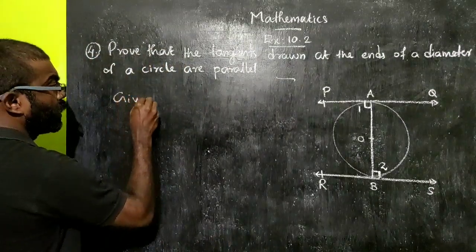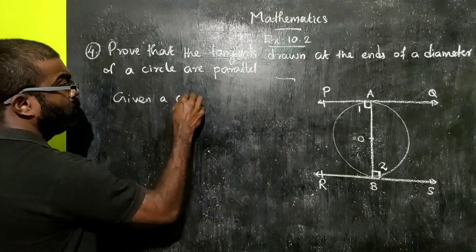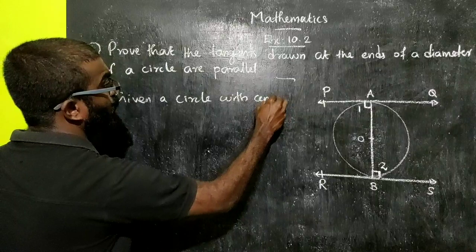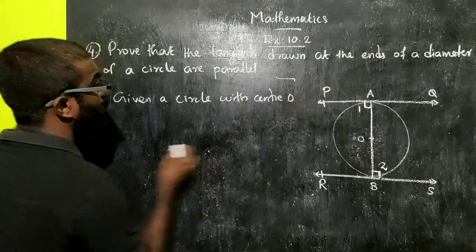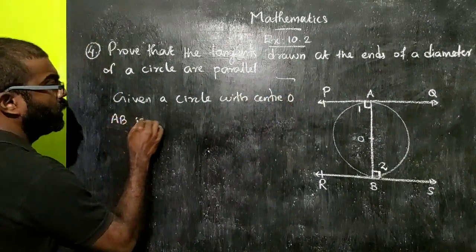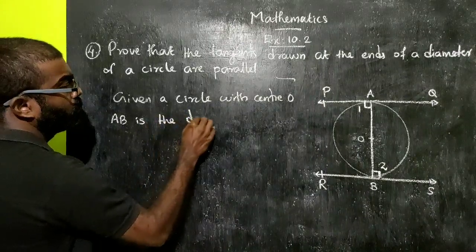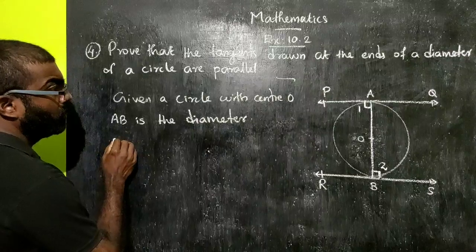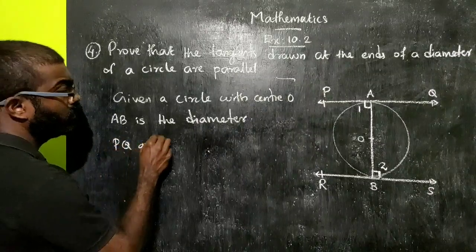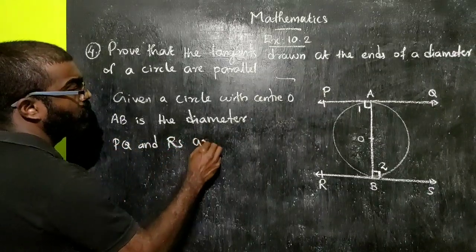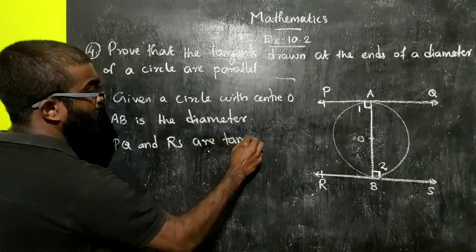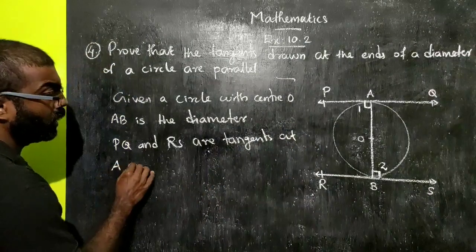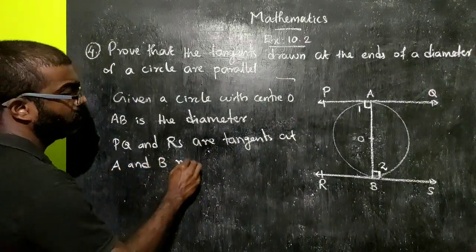Okay, we can write the proof. We are given a circle with the center O. Here AB is the diameter. Then PQ and RS are tangents at A and B respectively.